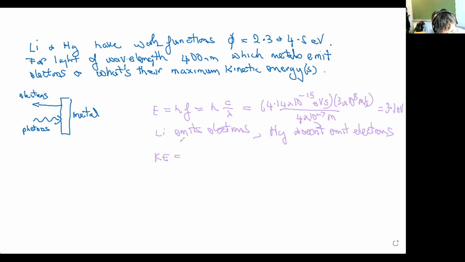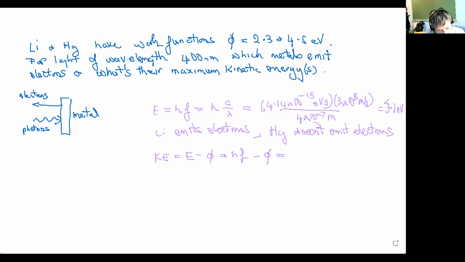So the maximum kinetic energy is just the difference between the energy that's carried in by each photon and the energy that's needed to remove an electron from the metal. The energy carried in by each photon, that was hf, and we've already calculated that. And the work function, we were told in the problem.